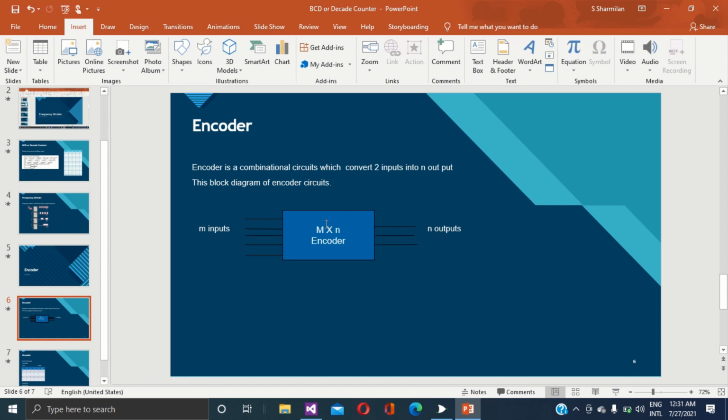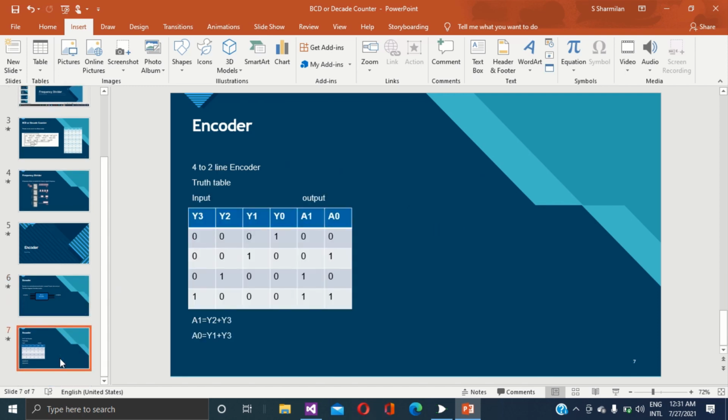This is the block diagram of the encoder circuit. Now we are looking at the 4 to 2 line encoder. This is the truth table for the 4 to 2 line encoder. Here I take 4 inputs and I get 2 outputs. This is my boolean expression for this truth table.